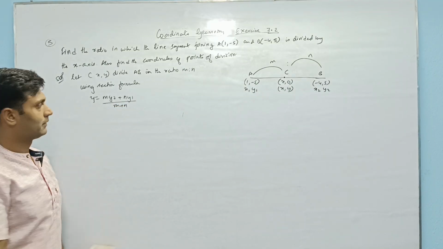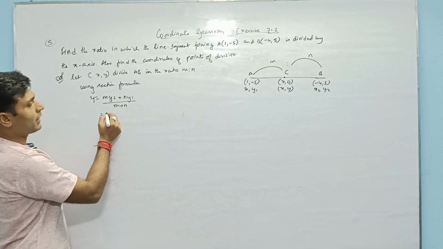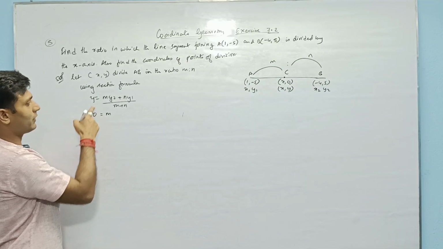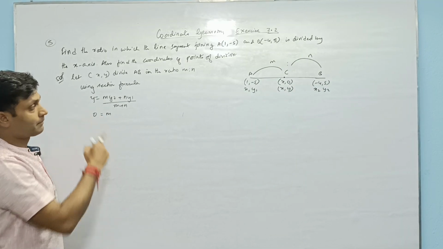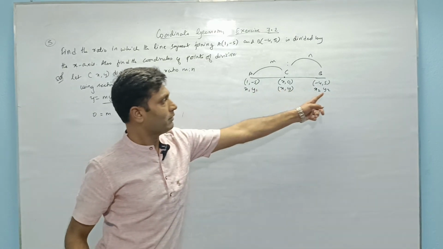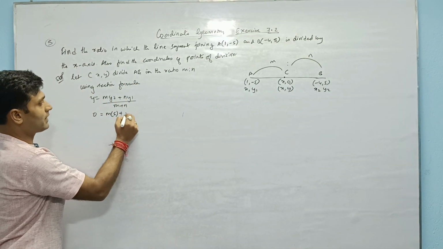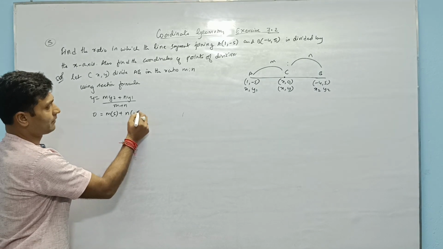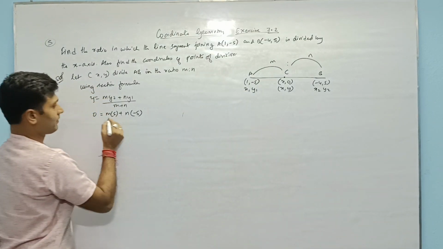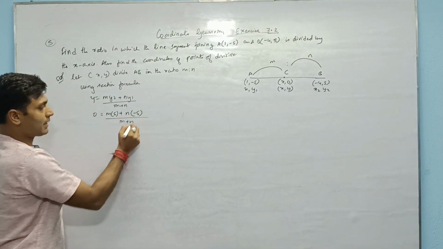Is it clear? So what is y? First of all 0, right? m, and what is y2? 5, plus n into y1, which is -5, divided by m + n.